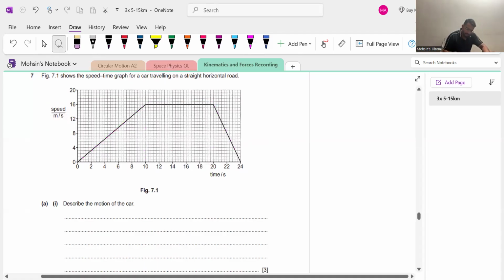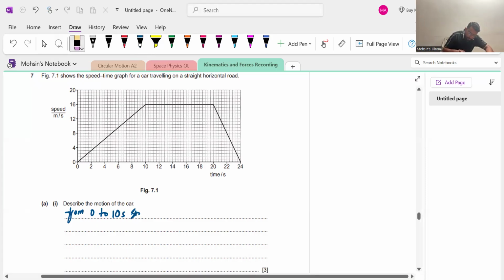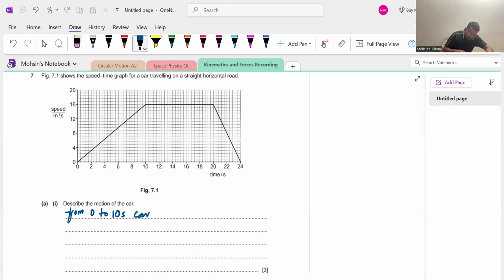I'm writing here: from 0 to 10 seconds, car has uniform acceleration.